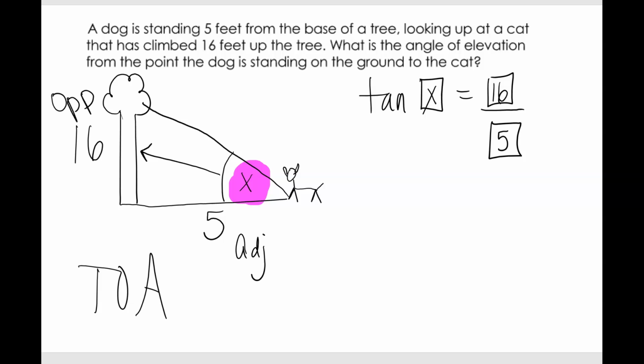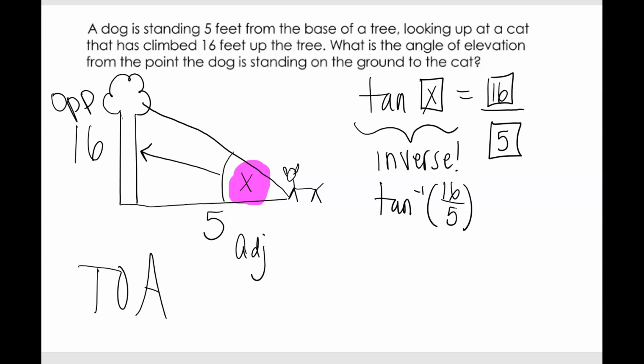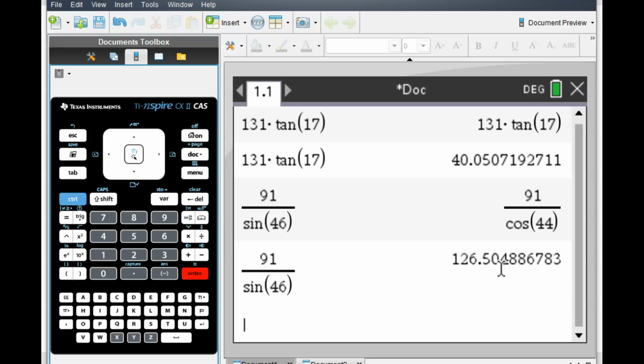We do not cross multiply here. When x is on the inside, we use the inverse, which means we just choose the correct function in our calculator and we type in the fraction and then it'll give us our angle. So the inverse of tan, 16 over 5.